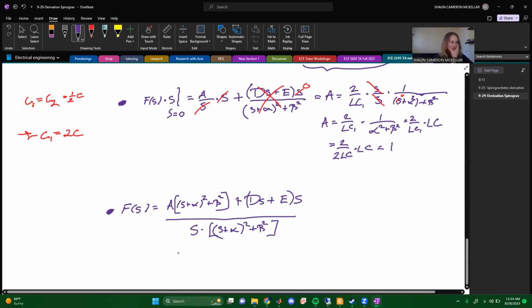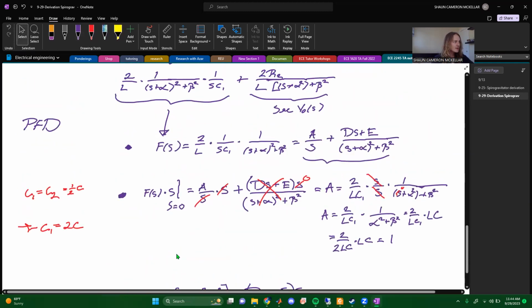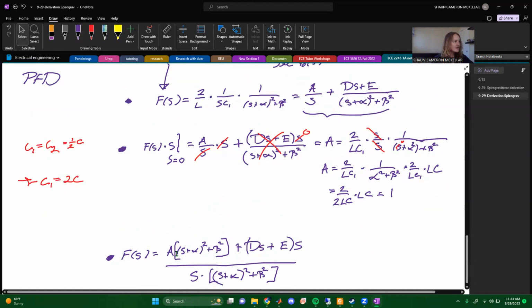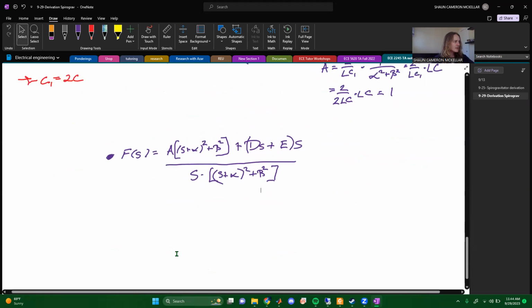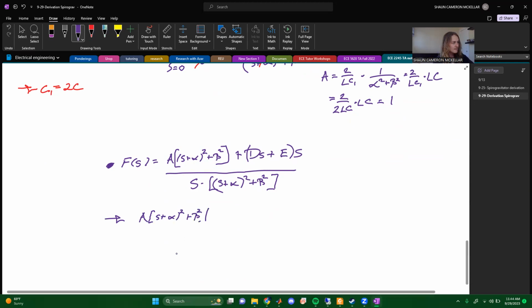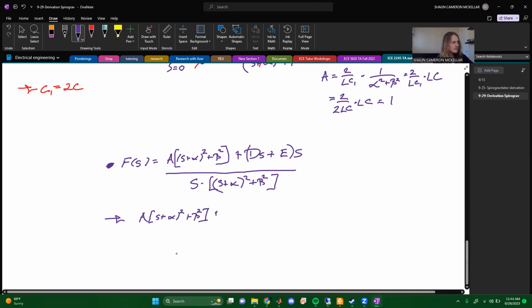And so I can see that if I multiply this entire denominator by my f of s equation, then that will remove all of my denominator on the left-hand side over here. And so then maybe I'll express this as, therefore, A times the denominator, S plus alpha squared plus beta squared, plus, here I'm going to have ds squared plus Es.